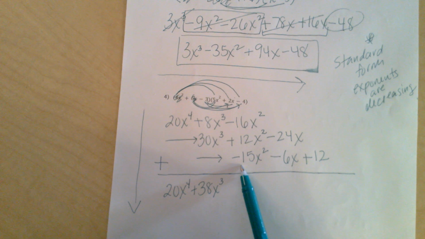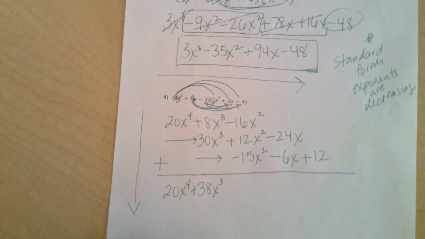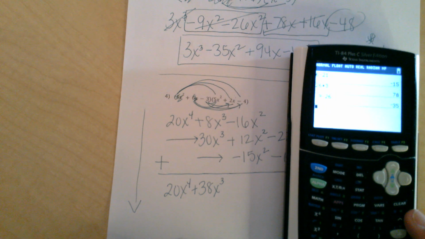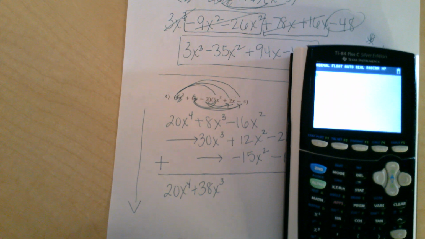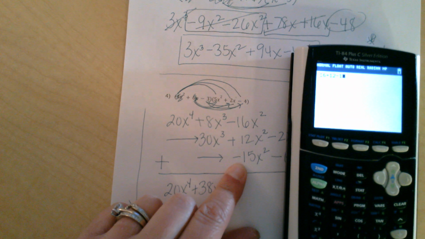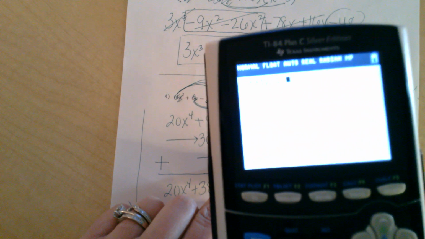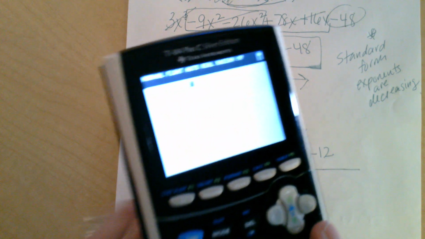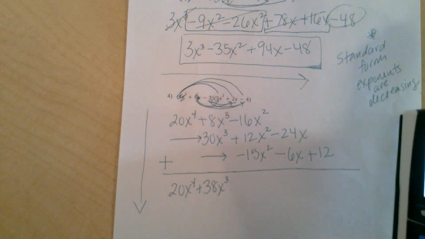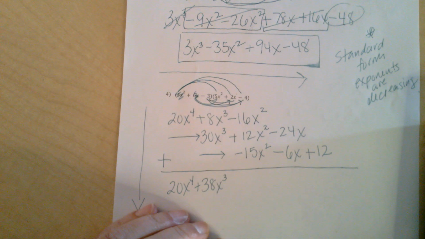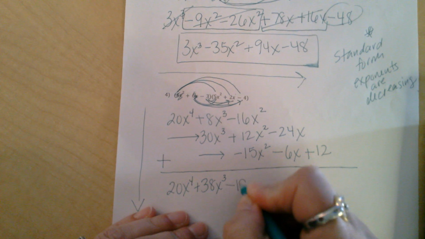Now, all of these, we could simply add in the calculator. You don't have to worry about circling like terms or anything like that. So you could put negative 16 plus 12 minus 15. I put it in just like that, and I got minus 19.